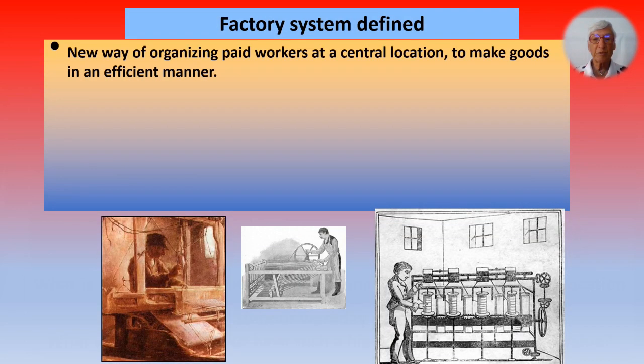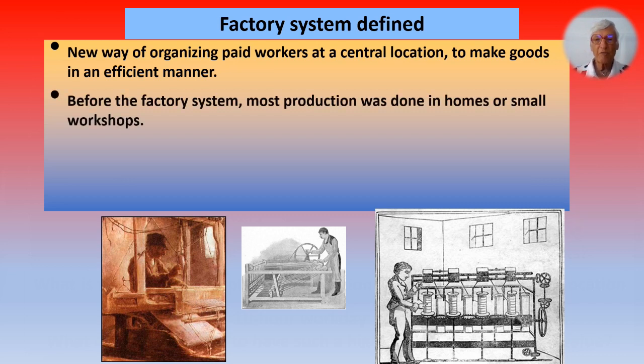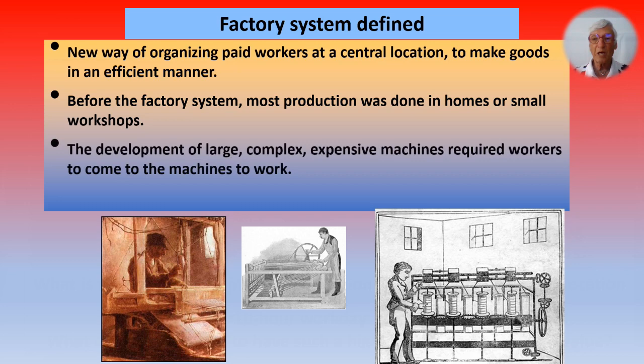Factory system defined. It was a new way of organizing paid workers at a central location to make goods in an efficient manner. Before the factory system, most production was done in homes or small workshops. The development of large, complex, expensive machines required the workers to come to the machines to work, unlike previously when all of this was done in their homes.